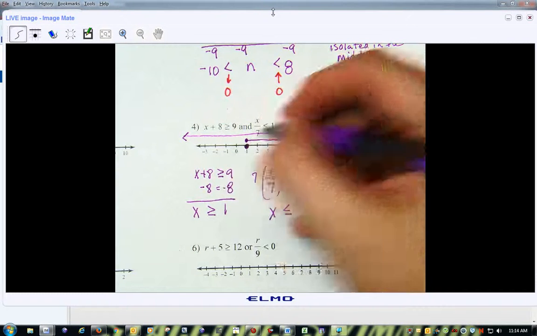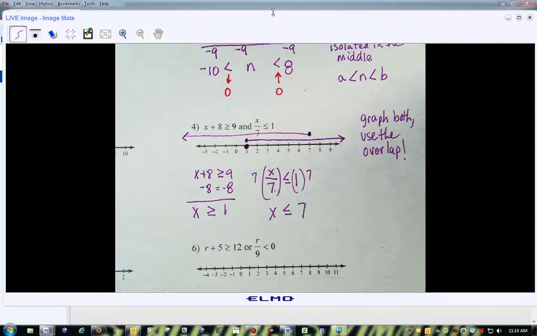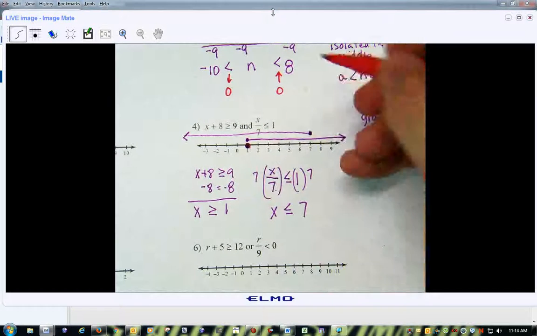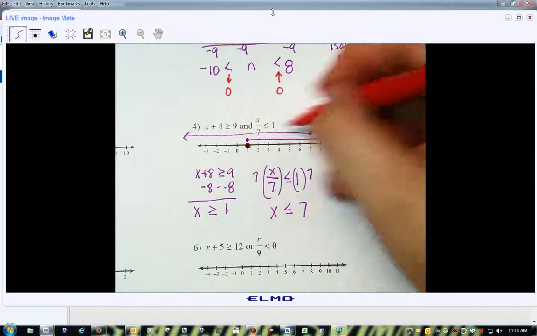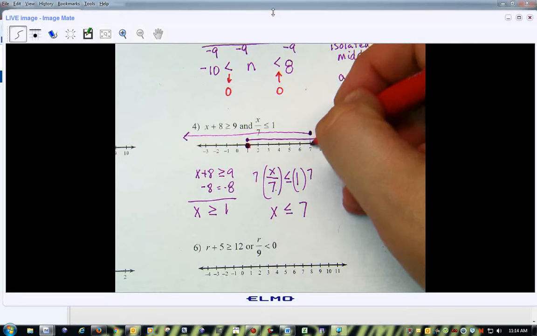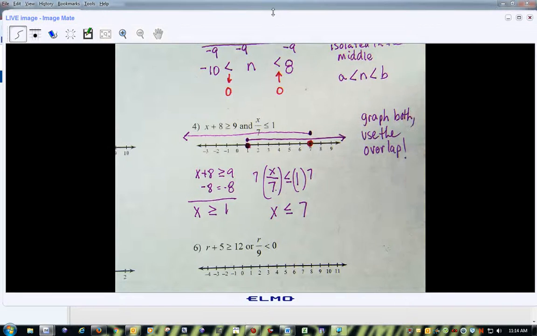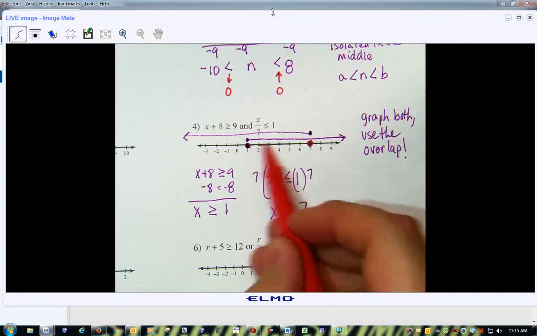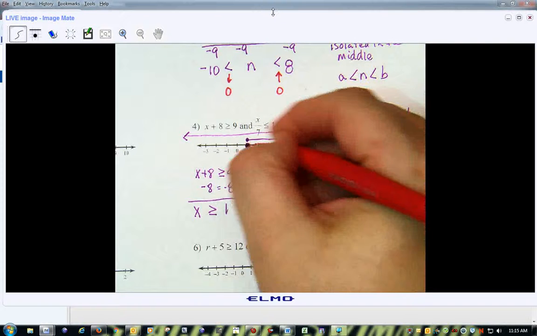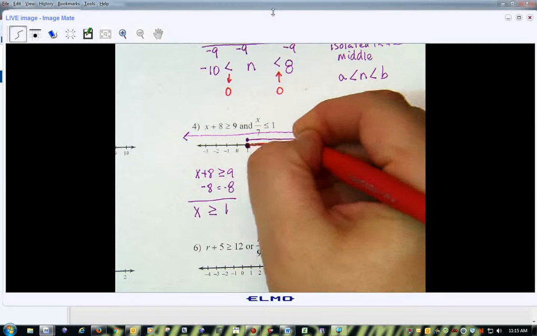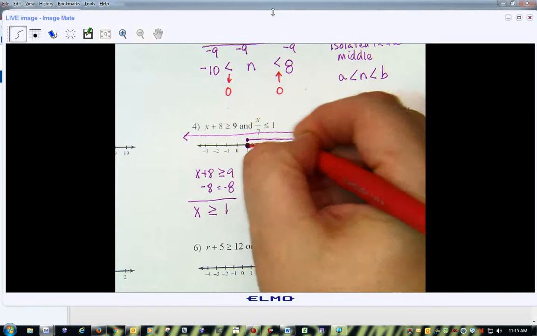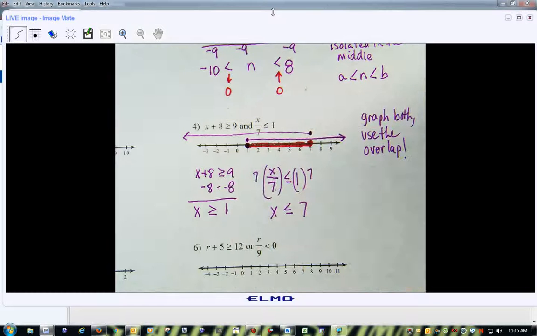And now, over here, I could put a closed dot at 7, and then what I'll do is I'll shade across like that.